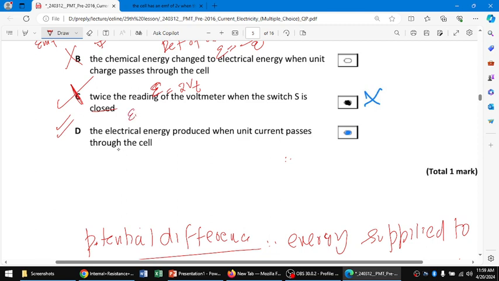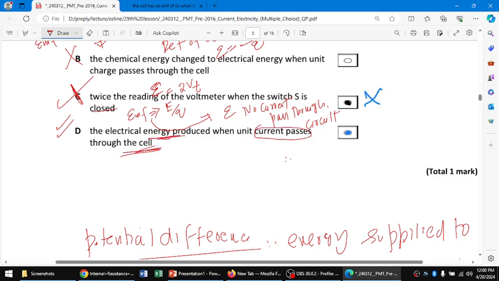EMF is work done or energy per unit charge, and the total EMF is the reading when no current passes through the circuit. But when current I passes through the circuit, there is a potential drop, and the electrical energy delivered by the cell is actually less than the EMF.